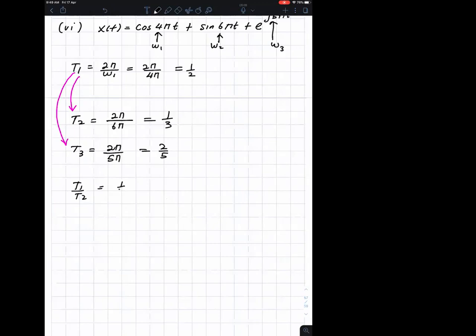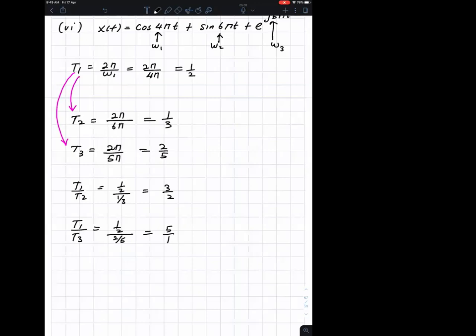T1 is 1/2, T2 is 1/3. So that's going to give you 3/2. Next, you want to compare T1 with T3, and 2/5.